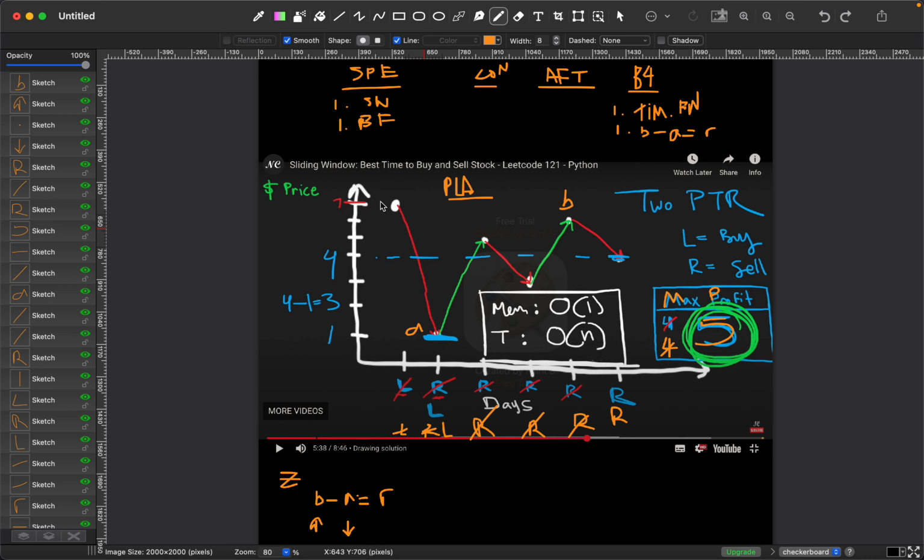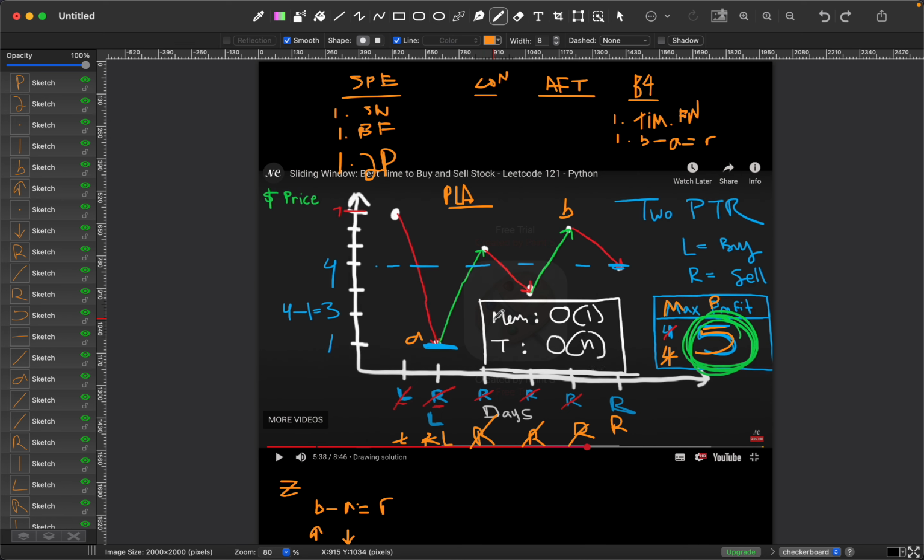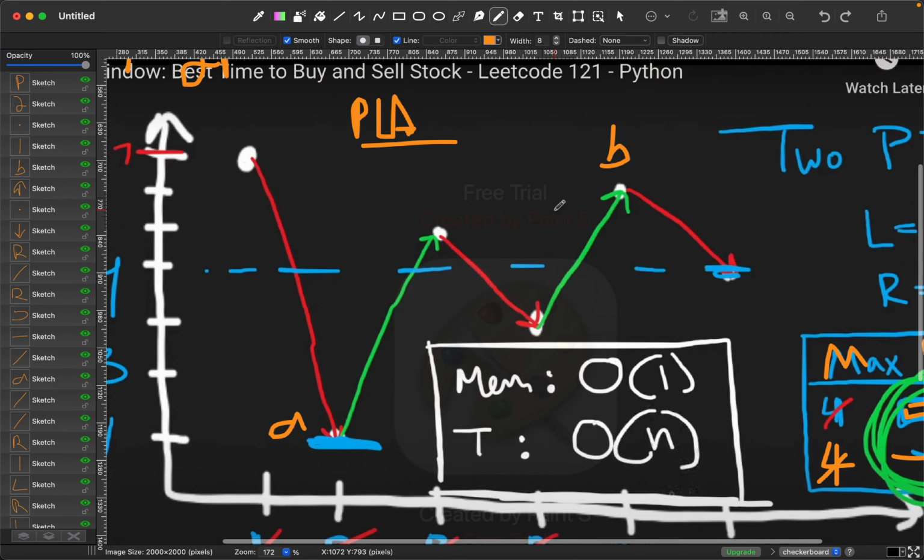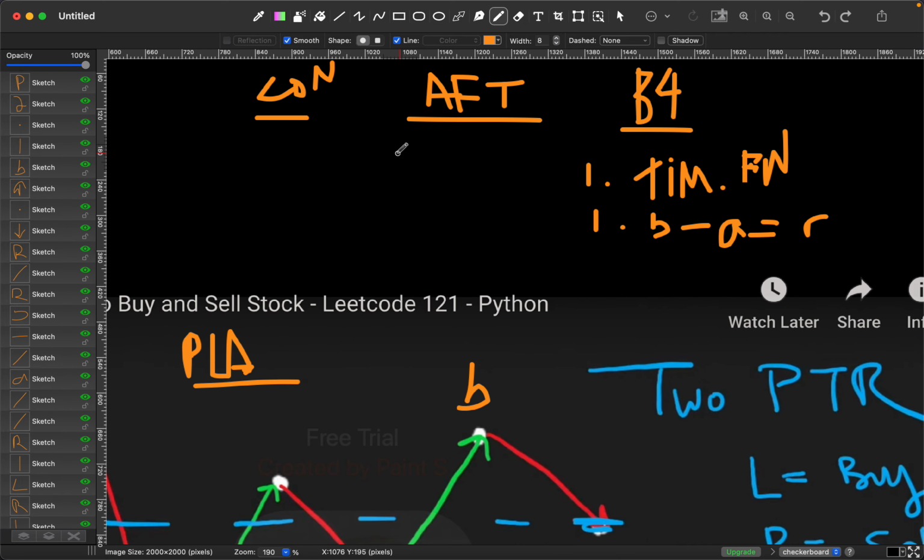I would actually argue that this one is using two pointers, with a condition set where you move your L with the condition that we want the lowest value and the highest value. So I think it's based on the question specifics: my L has to be as low as possible, and my R has to be as high as possible.